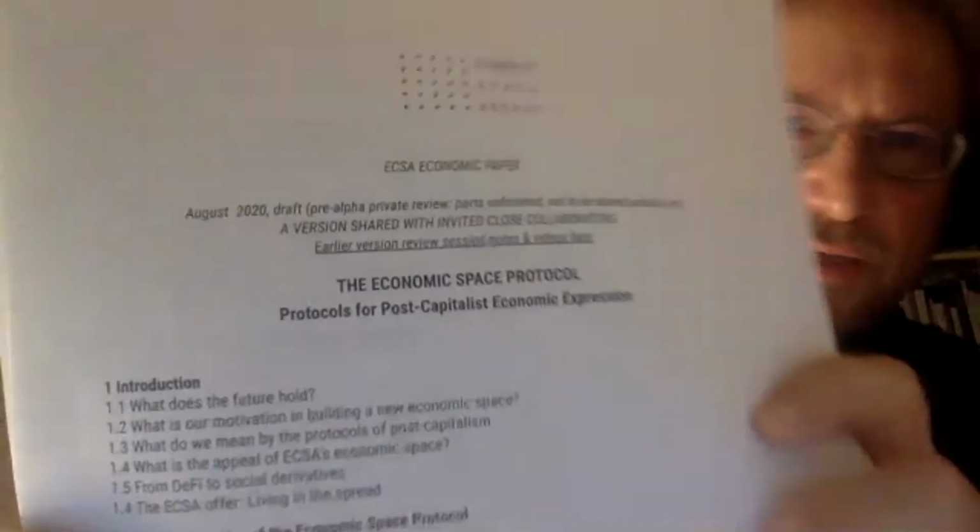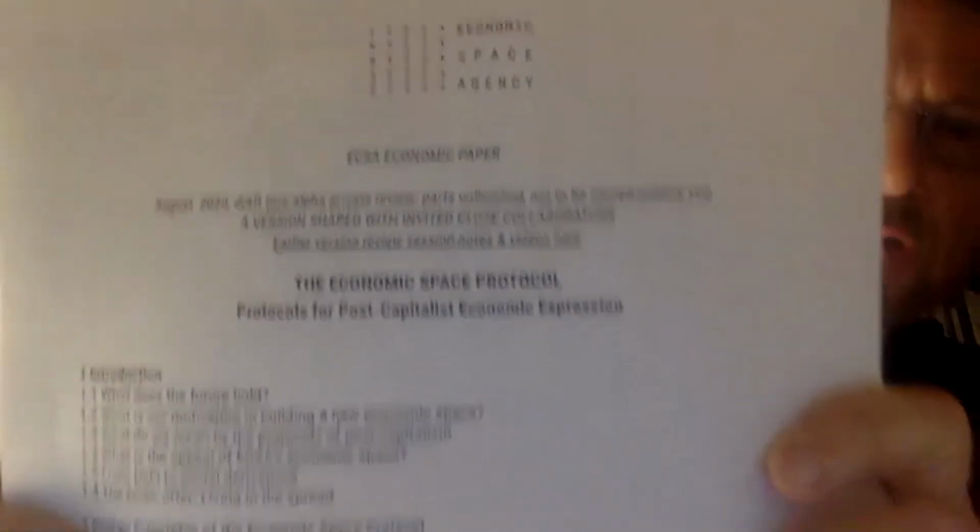We call it an economic paper called the Economic Space Protocol. It's like a grammar for post-capitalist economic expression, or protocols for post-capitalist economic expression. It's a little bit over 100 pages, but if you're interested, I'm really happy to share it. Just message me.